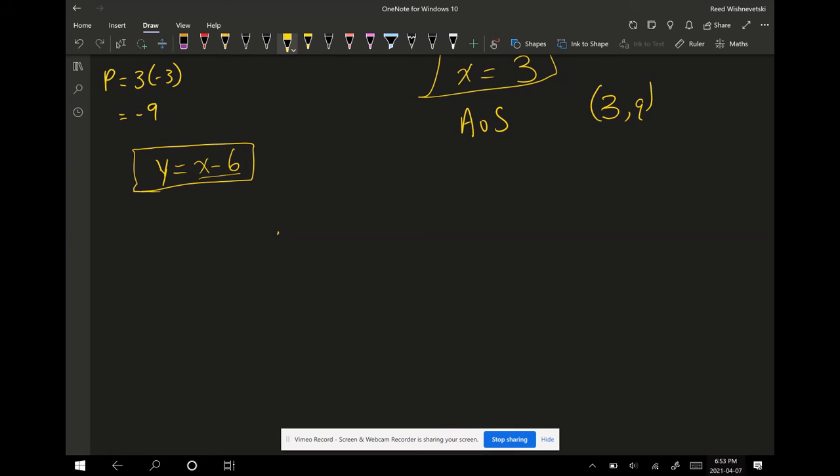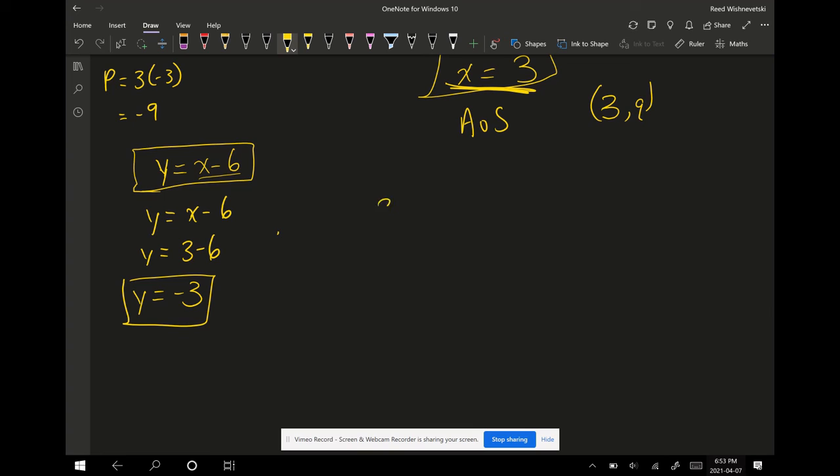Okay, so now that we've moved that down, we're going to substitute in x equals 3. So y is equal to x minus 6, and we're going to substitute in our 3. And that's going to give us a total of negative 3.